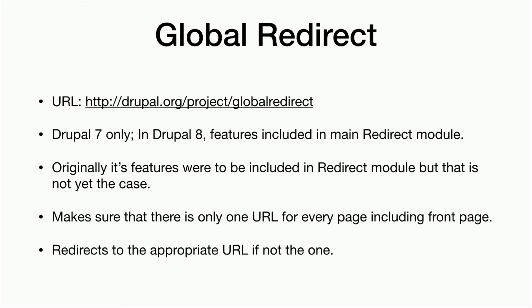This functionality, I'm told, is included in Drupal 8's redirect module itself. I think for a long time there's been an issue with it in Drupal 7, so it is still a separate module.